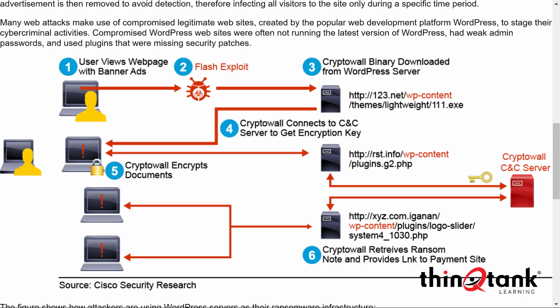We talked about the Diffie-Hellman exchange process that was utilized with Angler. The CryptoWall malware encrypts the data with that retrieved key on the victim's computer, reports the encryption status back to the command and control server. The command and control server then sends the victim that ransom notice, payment site information, and so on.